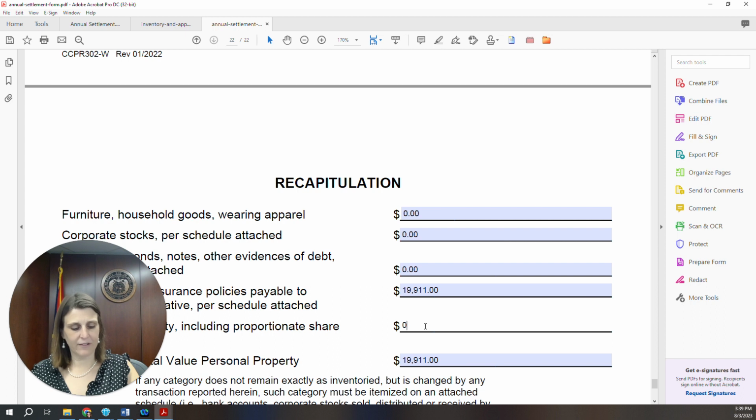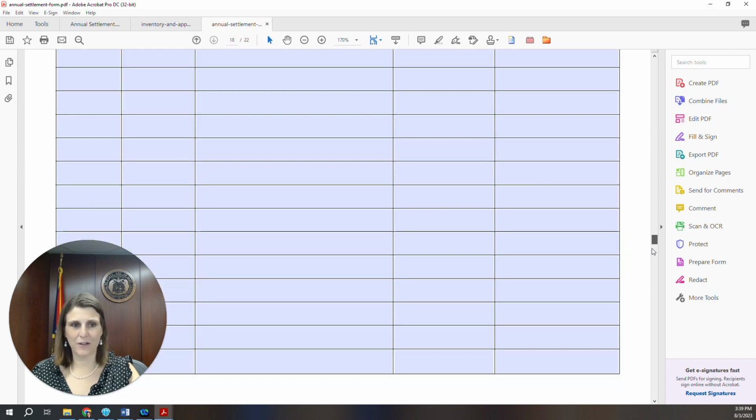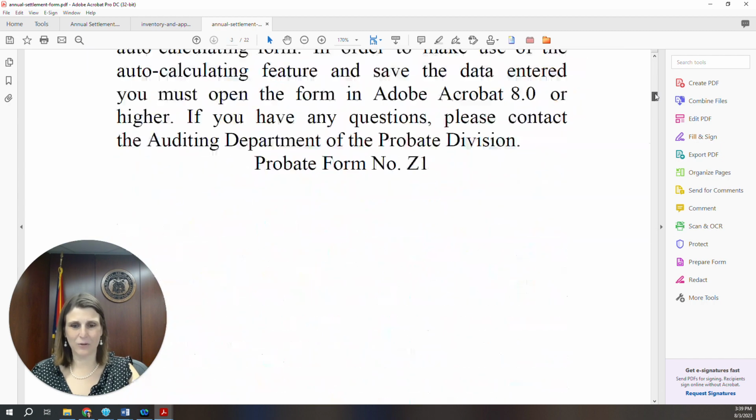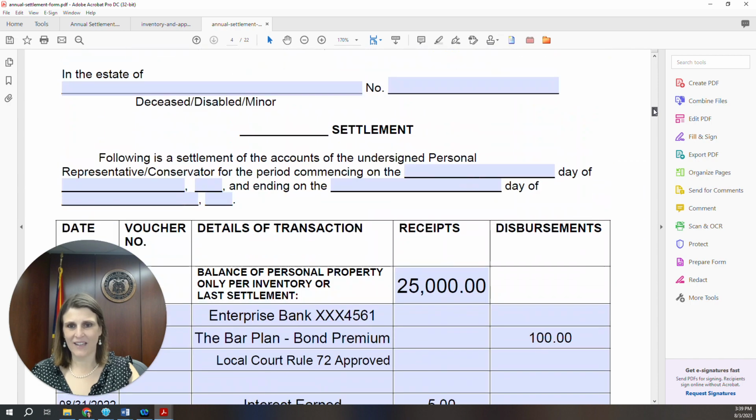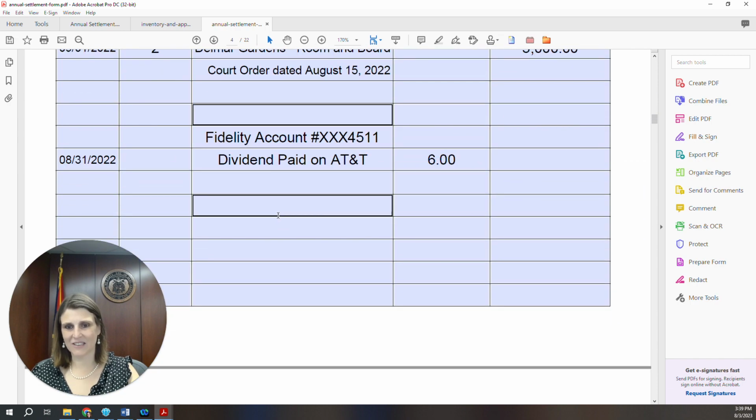Another thing people frequently miss is if the protectee does not have the right to drive, you need to have a petition to either sell or retain a vehicle. Remember, you're not supposed to sell or anything without a court order. So if you're going to sell something, you need to ask court permission.